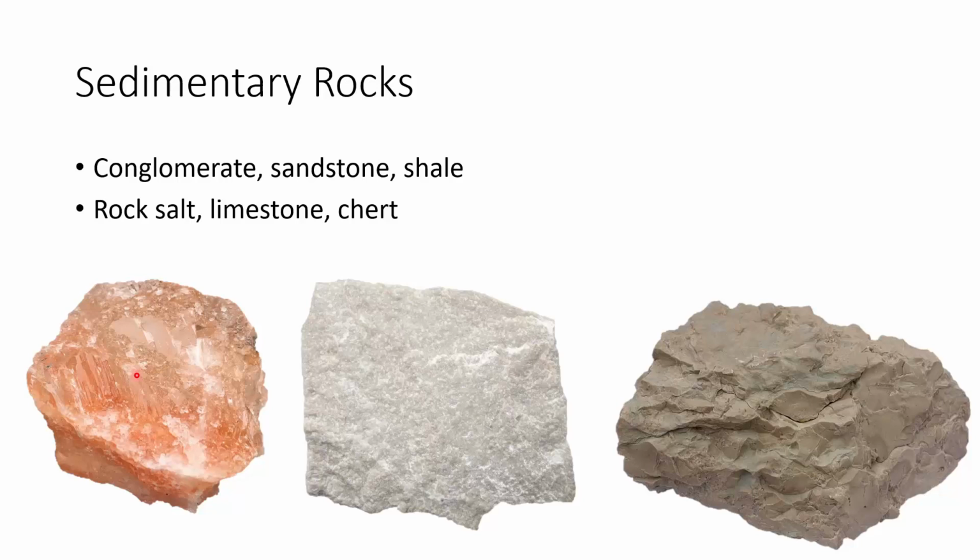Rock salt, seen here in this pink to orange sample, is crystalline, and it's composed entirely of the mineral halite. Not all rock salt is pinkish orange in color. It can vary in color, including cream, white, or shades of brown. Do note that there are individual halite crystals that precipitated out of water that then underwent lithification.